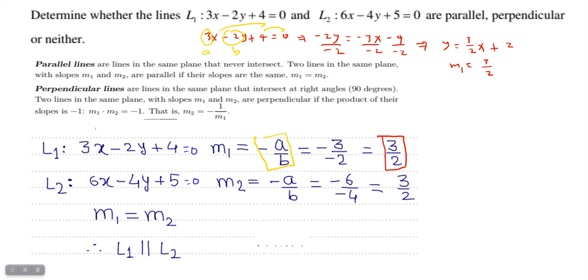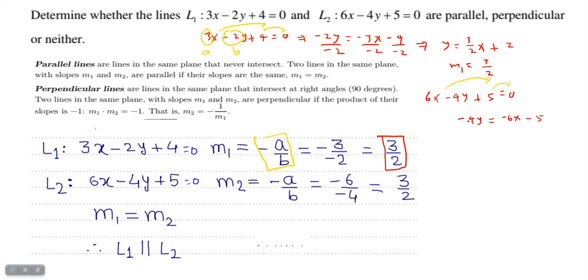From this equation, 6x minus 4y plus 5 equals 0, we move again these two terms to the right, so we will get an equation in the slope intercept form. So this becomes now minus 4y equals minus 6x minus 5.